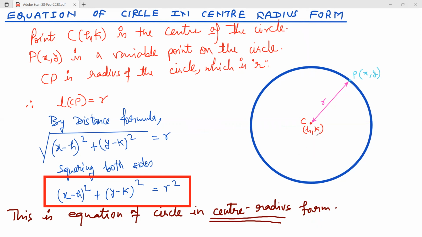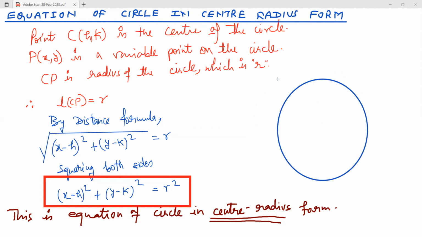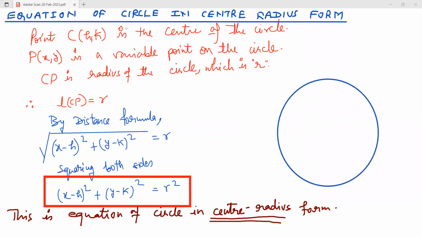If the x and y axis are such that the center of the circle lies on the origin, in such a case you will say the coordinates of the center are 0, 0. Okay, let me show it to you. Think this is a circle.